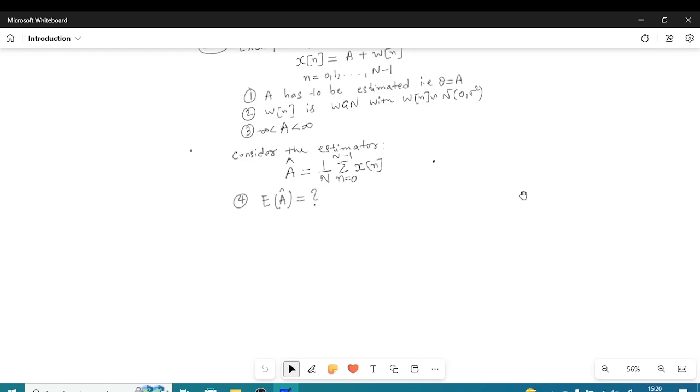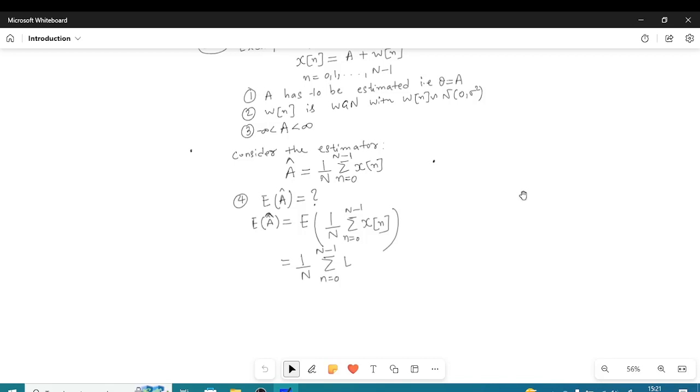So the average value of A hat equals the average value of the following expression, which we can write like this.